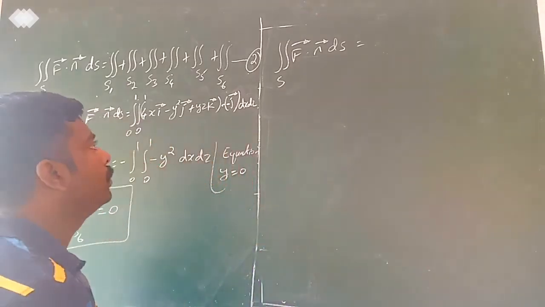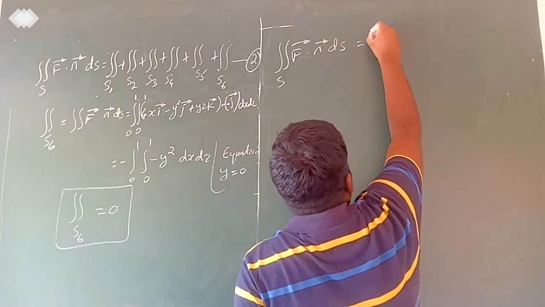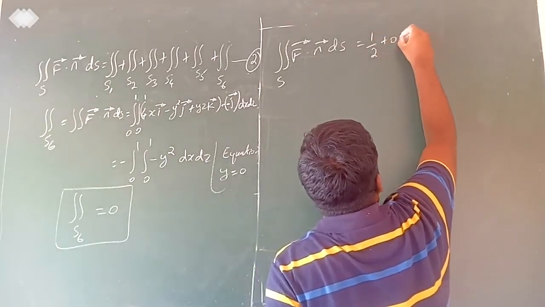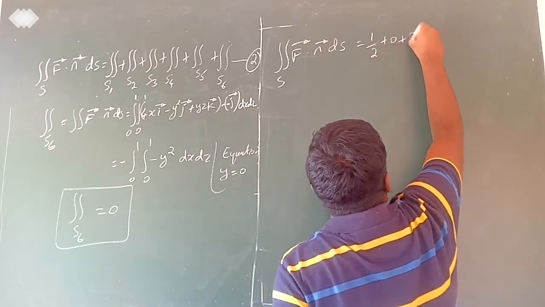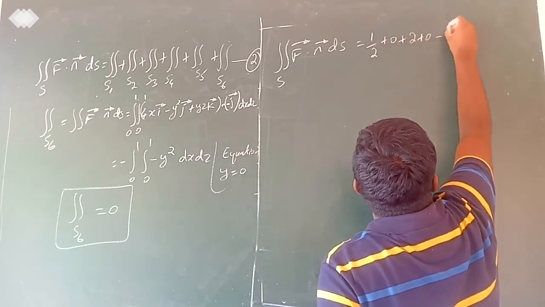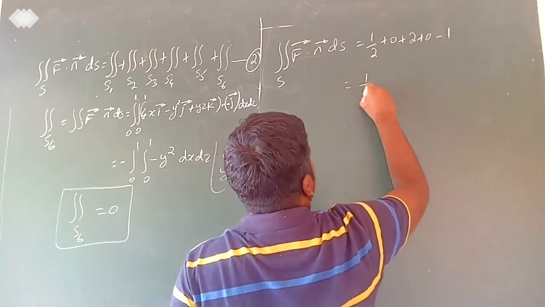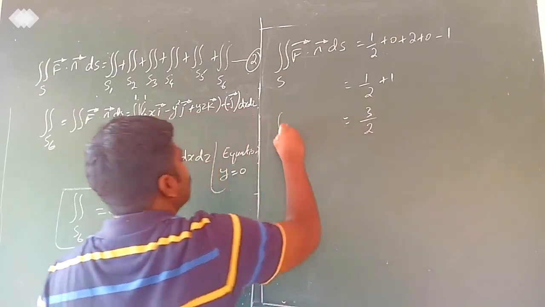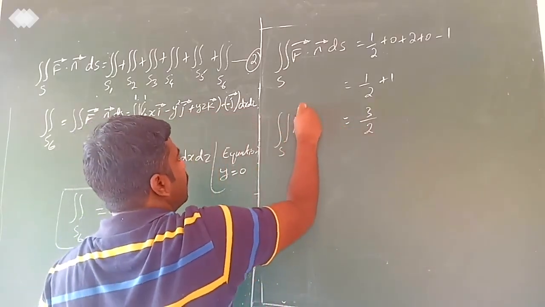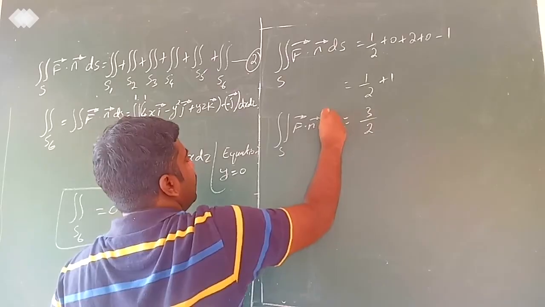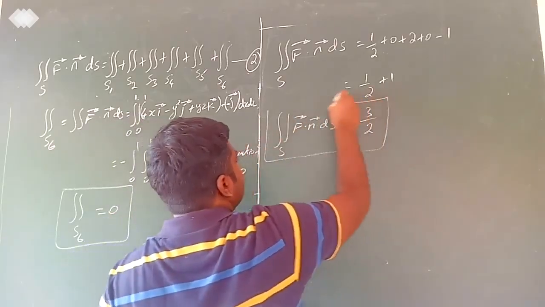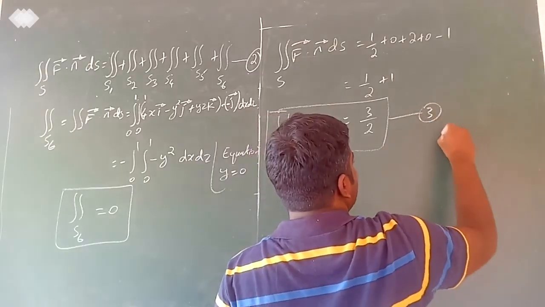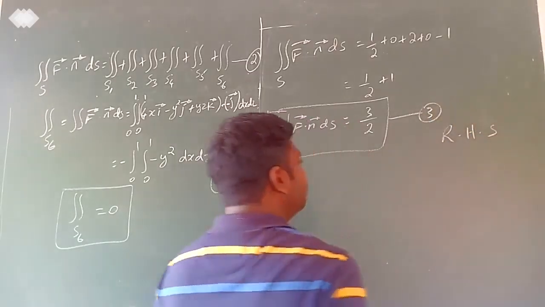Put in equation number 2, you will get 1 by 2 plus 0 plus 1 plus 2 plus 0 minus 1. So therefore 1 by 2 plus 1 equals 3 by 2. So the double integral over S of f vector dot n vector dS equals 3 by 2, this is the RHS, and this is equation number 3.